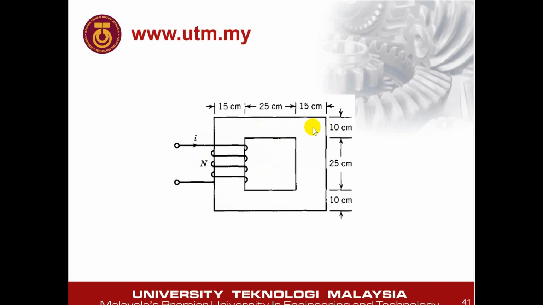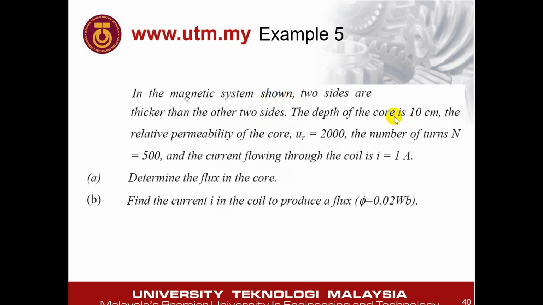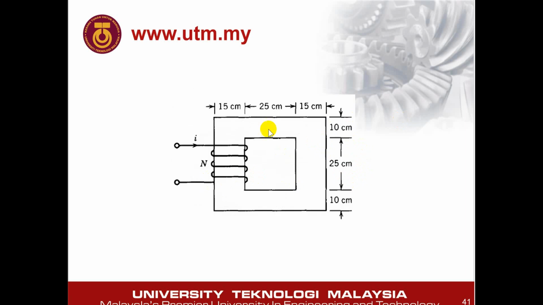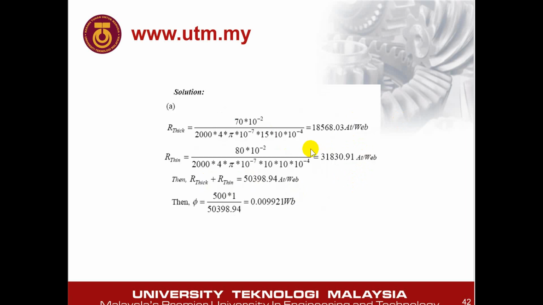Flux flows here, so the area here is perpendicular. So 10 multiplied by the thickness, which is 10. You get the answer, the reluctance. Then you add them because they are in series. Thin and thick, add them, you get the answer.